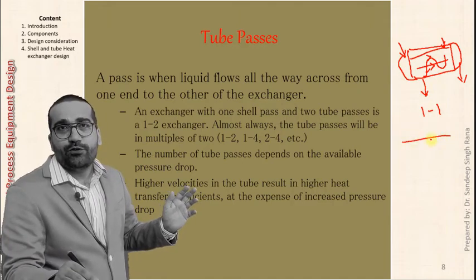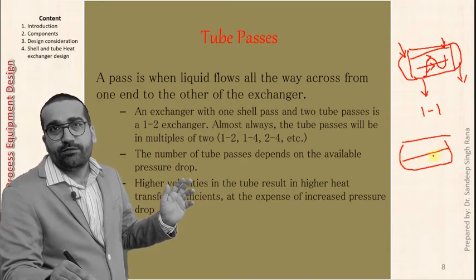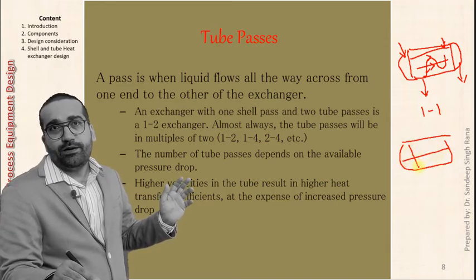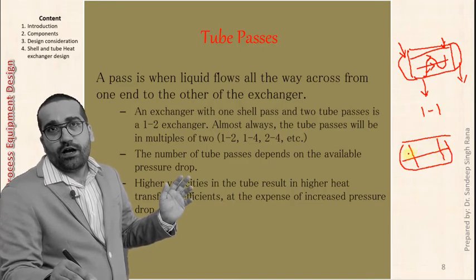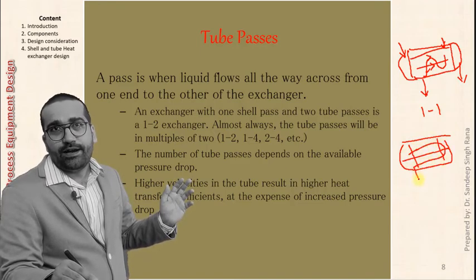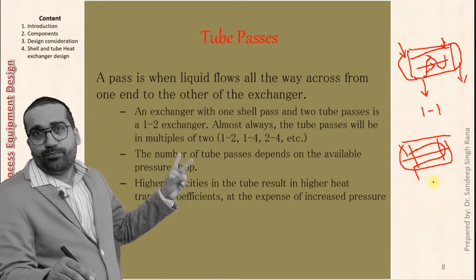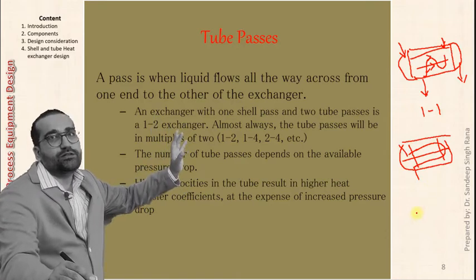Now if we want to make 2 passes, what will we do? We will provide a baffle in between. Now what will happen? Our tube side fluid will go and come here and exit from here. This is for the 2 pass type of heat exchanger.